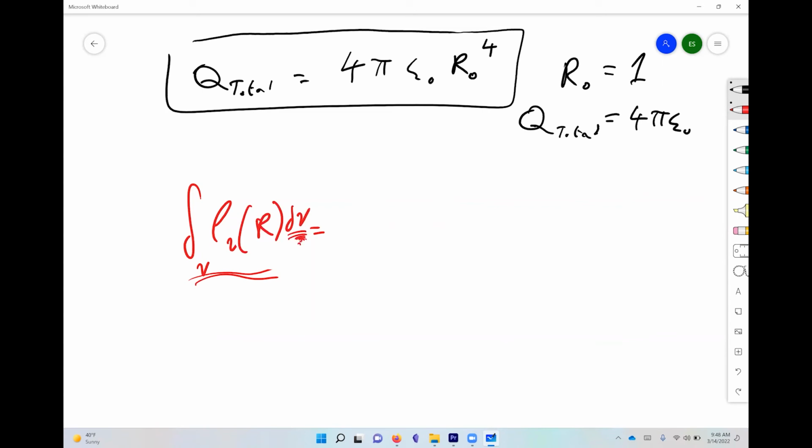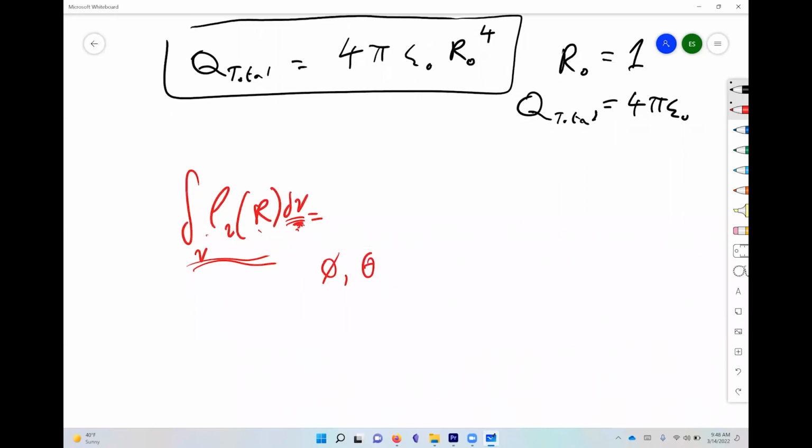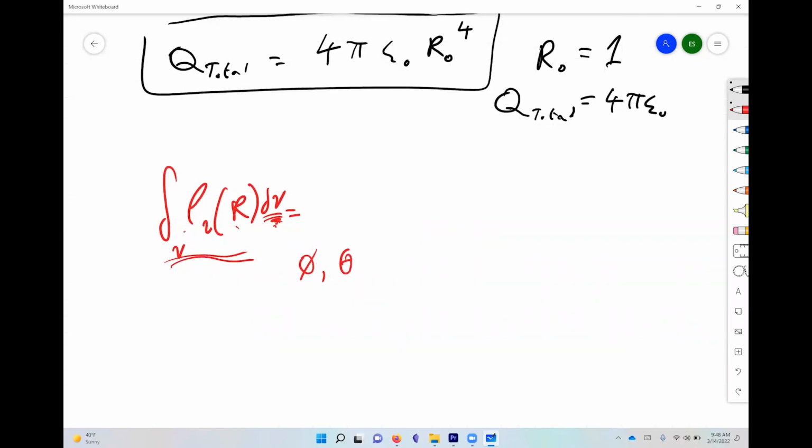And because rho v does not depend on phi and theta, you can integrate over them, and you get an equation for the integral. Okay. So he does it through this integration, a simpler way actually, which I prefer.